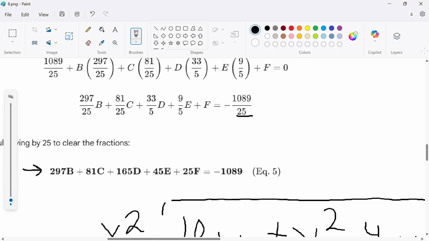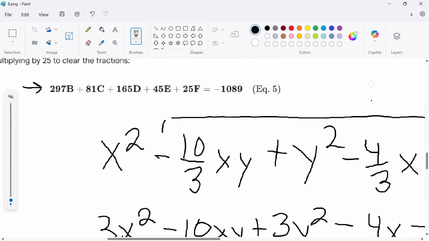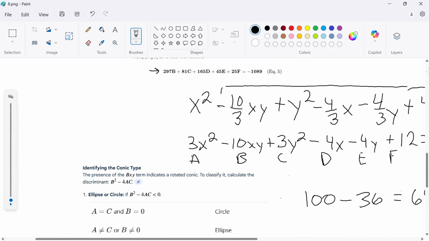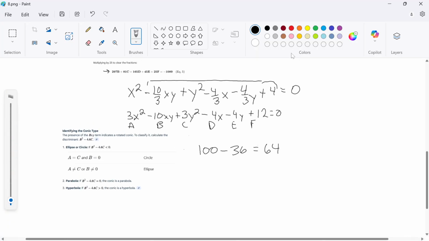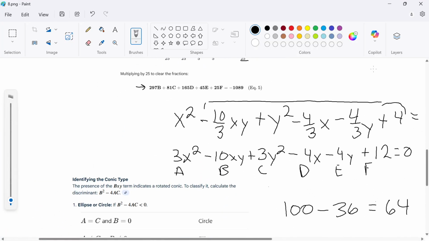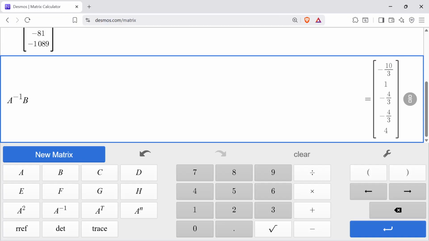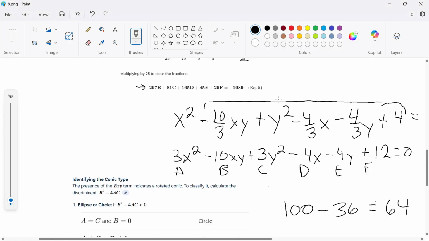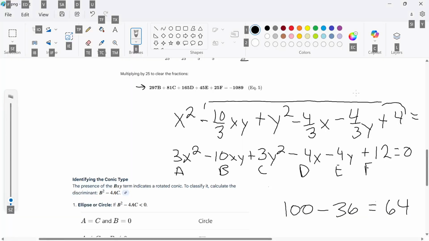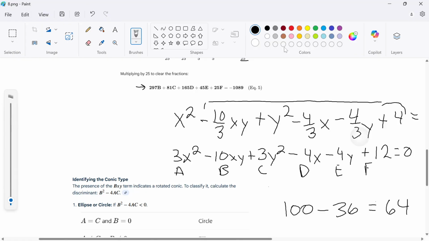Now remember, A is 1, and these come out of the matrix solution: negative 10/3, 1, negative 4/3, negative 4/3, 4. Then I multiply everything by 3. 3 times 1 is 3. 3 times negative 10/3 is negative 10. 3 times 1 is 3. 3 times negative 4/3 is negative 4, again negative 4, and 3 times 4 is 12.